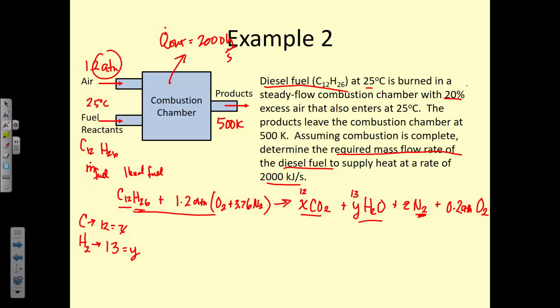We've solved those two, so now we can look at our oxygen. Here we have 1.2 A theoretical times O2 on this side of the equation. On the other side of the equation, we have what?